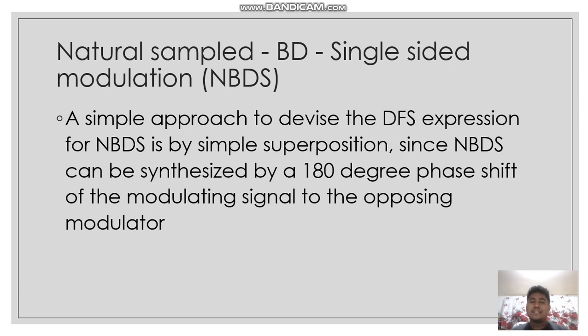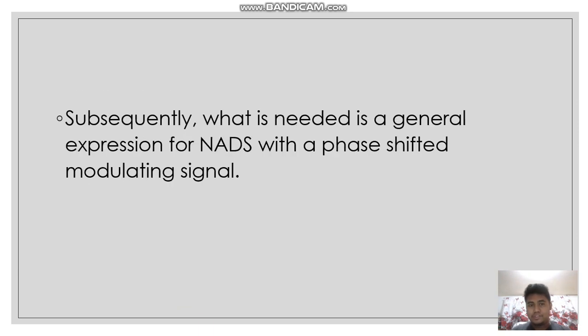To devise the DFS expression for NBDS is by simple superposition, since NBDS can be synthesized by a 180-degree phase shift of the modulating signal to the opposing modulator. So we have here the formula: F NBDS of t is equal to F NADS of t minus F NADS of t minus pi over 2.